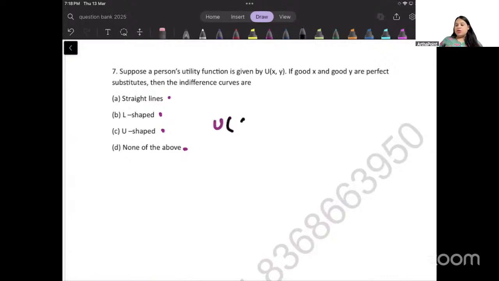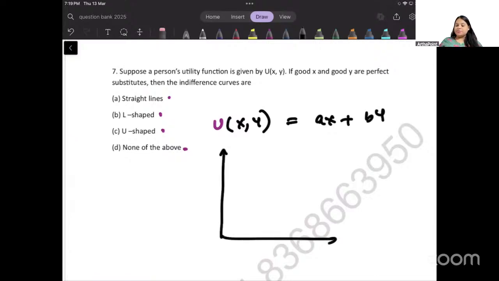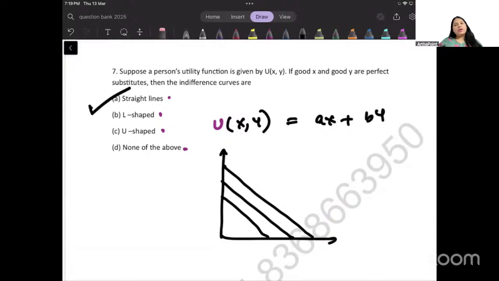So perfect substitute goods means u(x,y) is equal to ax plus by. ठीक है? So in this case, your ICs are straight lines. So answer will be A. Correct.